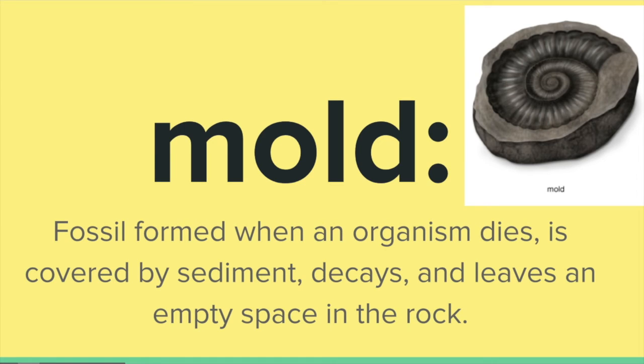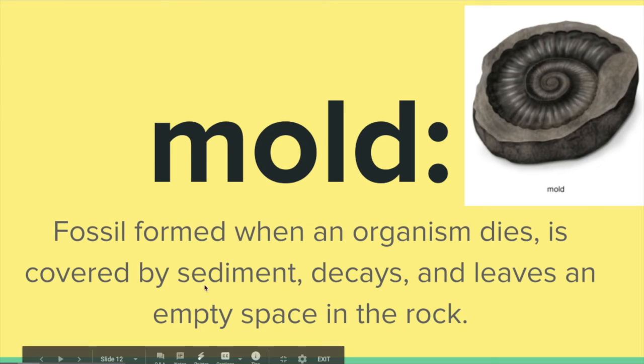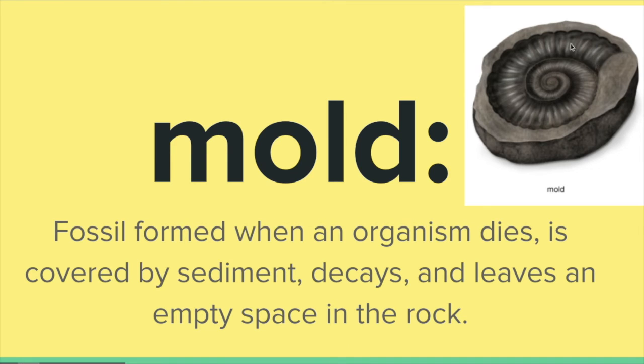Second type of fossil that can exist is a mold. A fossil is formed when an organism dies, is then covered by the sediment, and the animal that is inside decays and leaves this empty space in the rock, kind of like how you see in this picture.